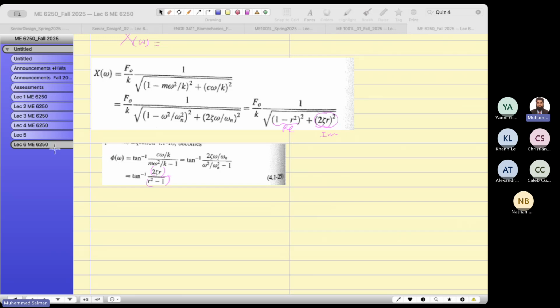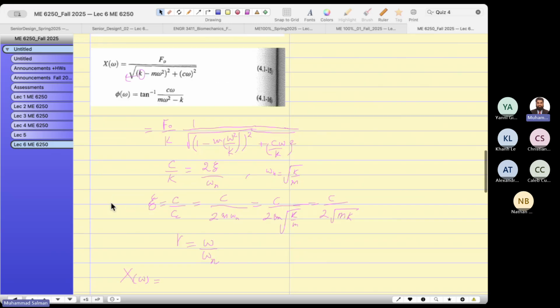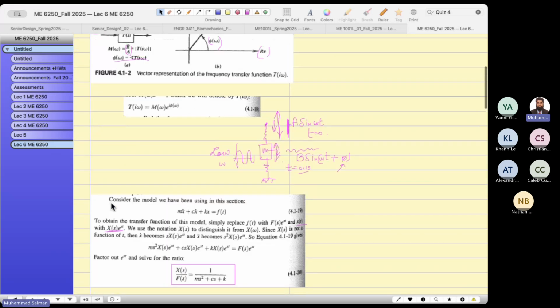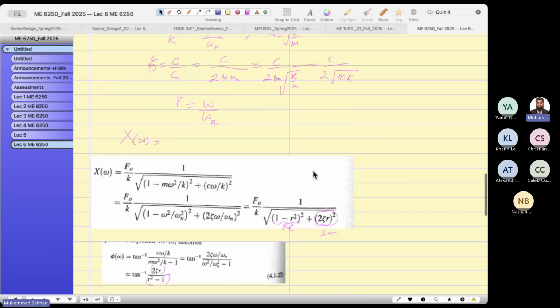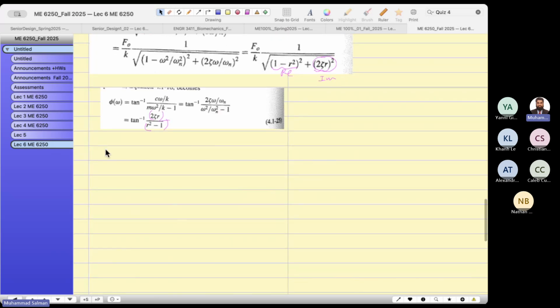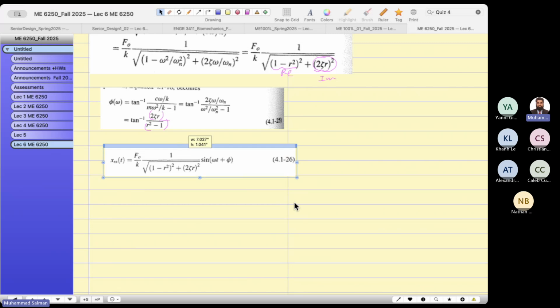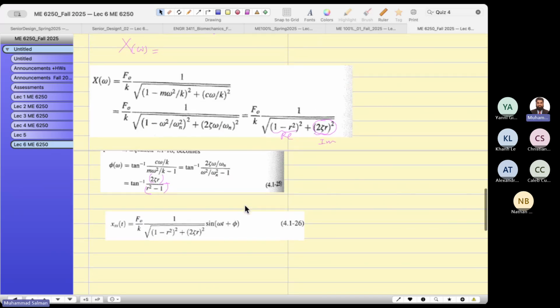How about the steady state response, including the phase? Did I explain this? Yes, b sine omega t plus phi, where b is like x. So if I write down the steady state response, it has the same magnitude which you wrote down, times the sinusoidal function, which includes the phase difference or phase delay.